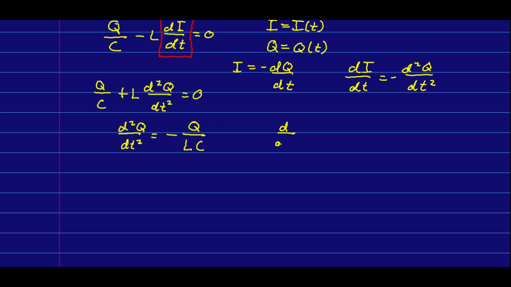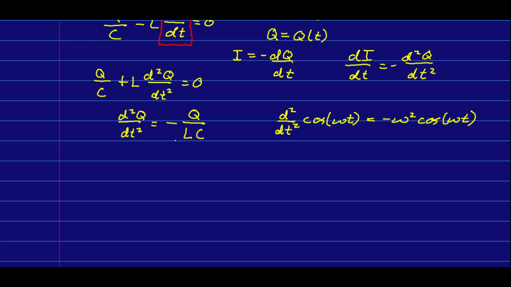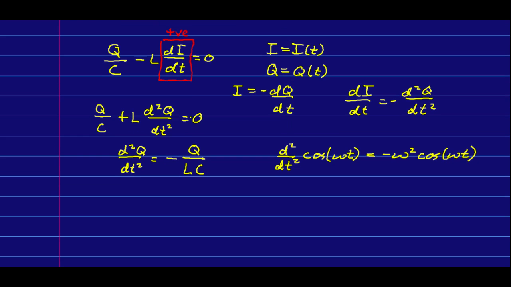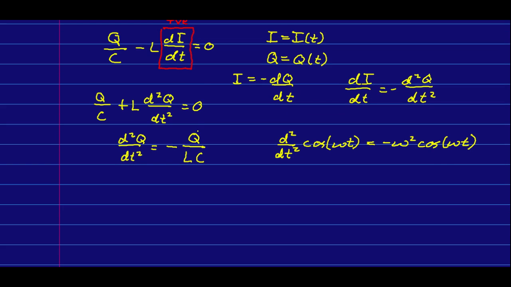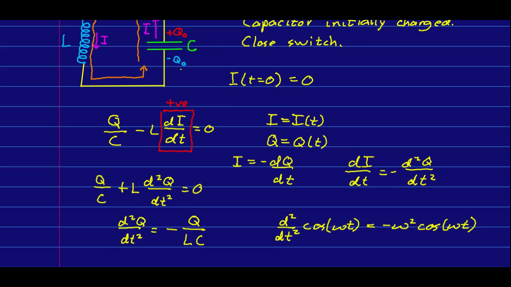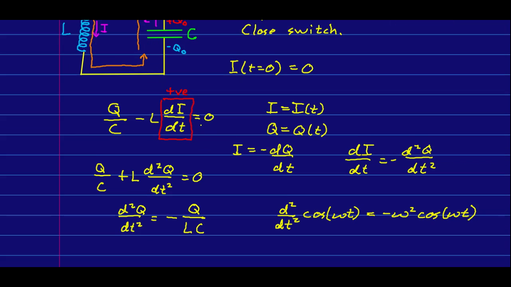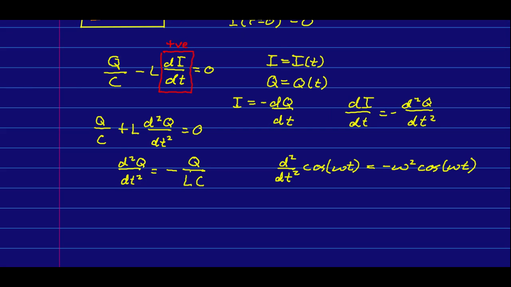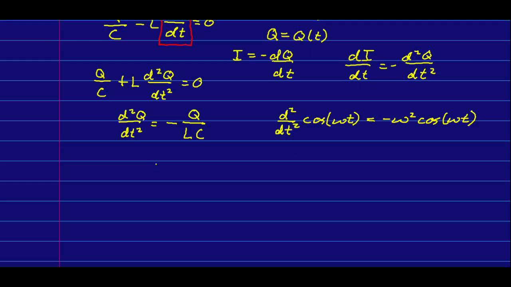For example, the second derivative of a cosine does exactly that. And so q must be a sinusoidal function, and cosine will fit the bill because we know that it started off non-zero, and so we want a sinusoidal function that starts off non-zero.